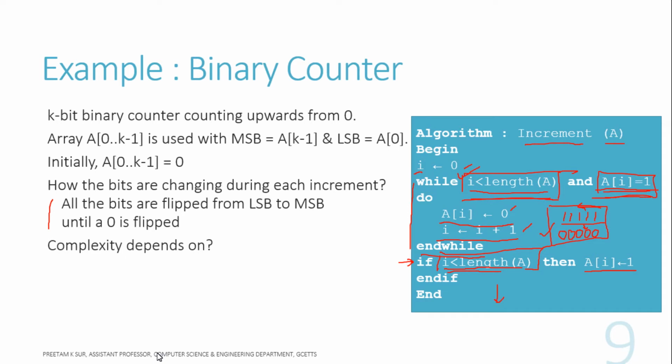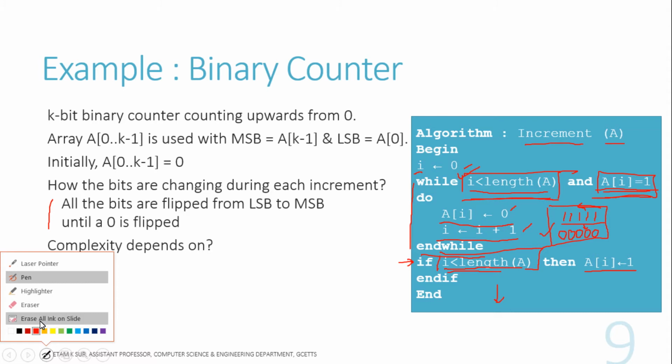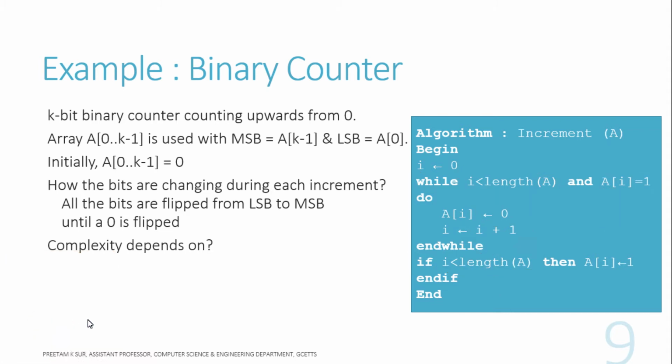Now, if I come to the question of complexity, which we are going to analyze here, what does the complexity depend on? From your knowledge, you will obviously say that the complexity depends on the number of times the while loop is going to be executed, right? Now, the question is, how many times is the while loop going to be executed?